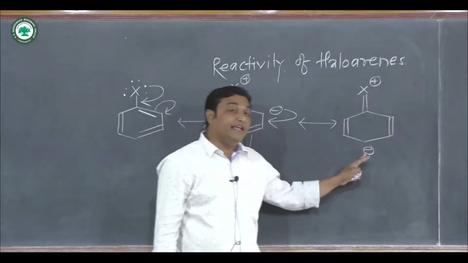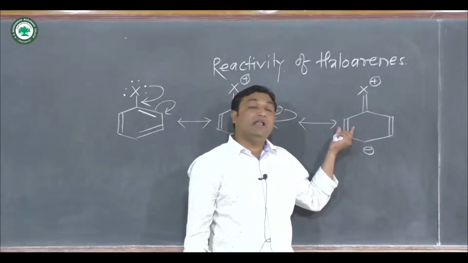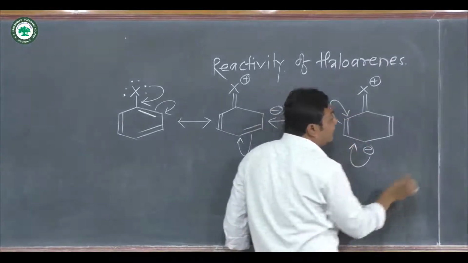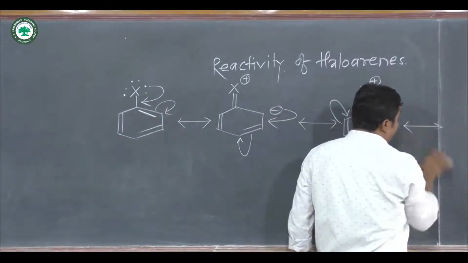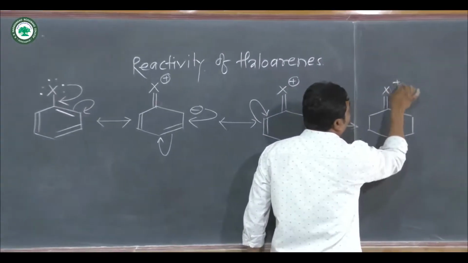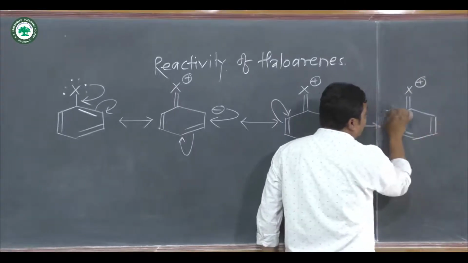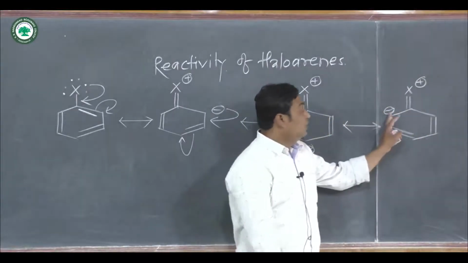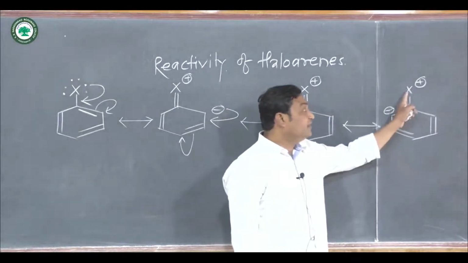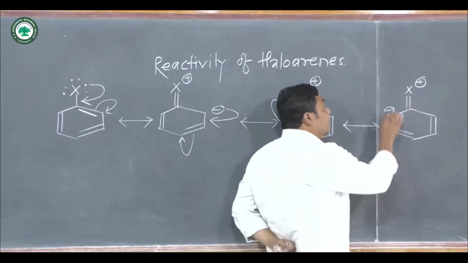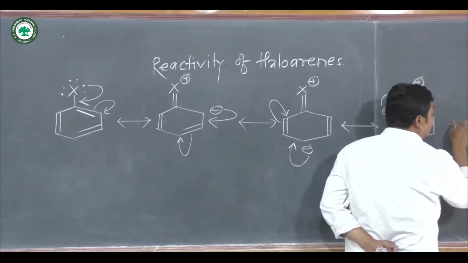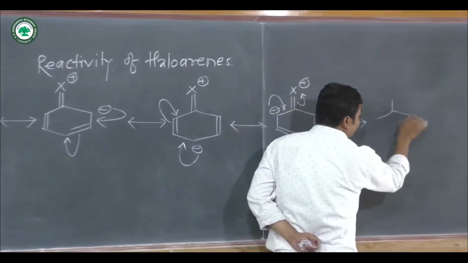Like this, the negative charge is again in delocalization with this pi bond to form the next resonating structure. Now, finally, this negative charge is in delocalization with this pi bond to give our first structure, which is shown here.